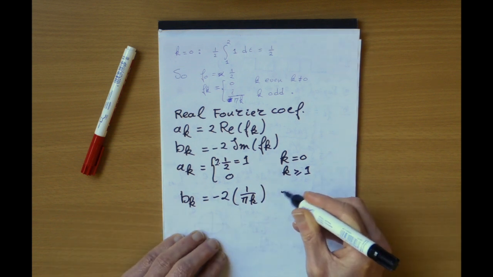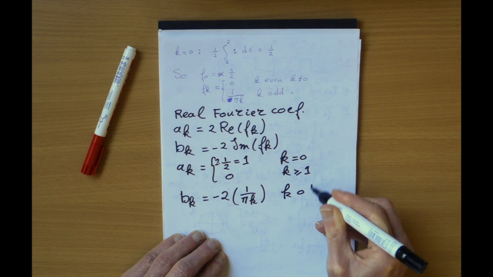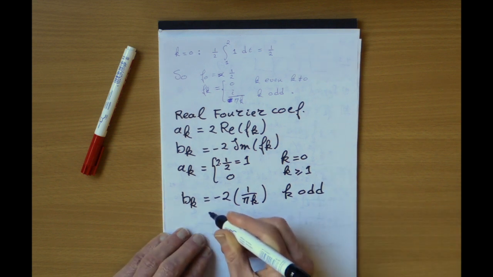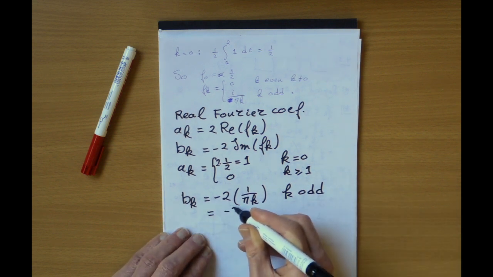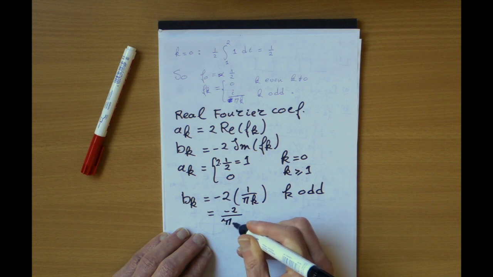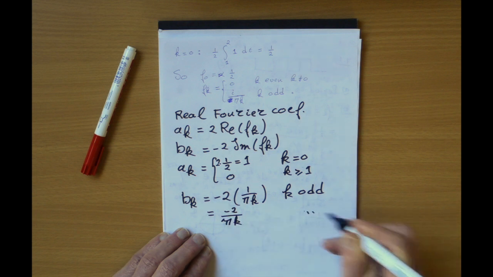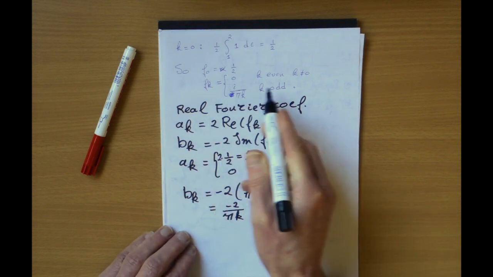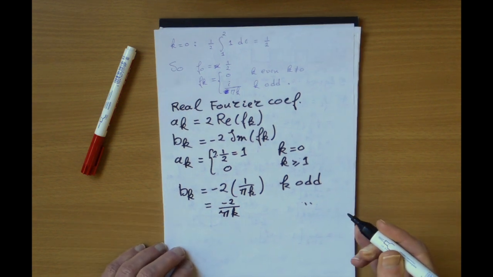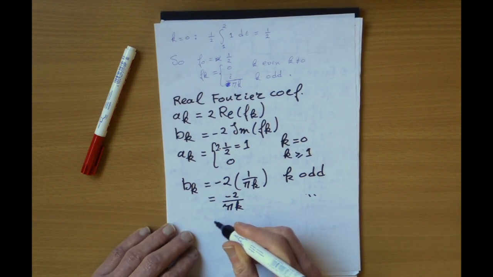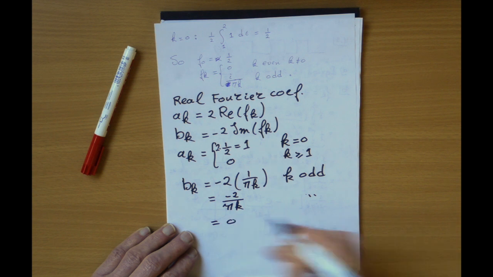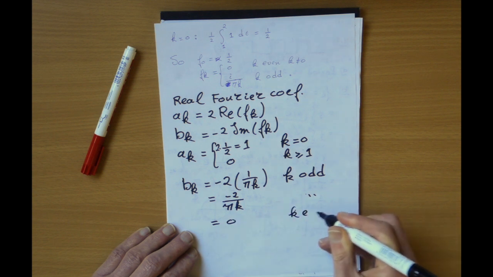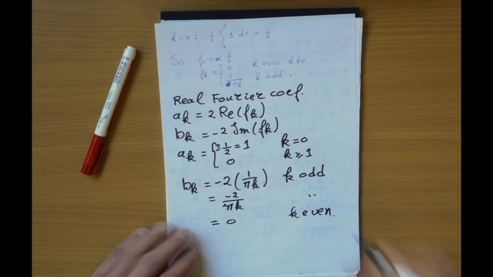Pay attention, k odd. So this is the answer: minus 2 divided by pi k, k odd. And for k even, the imaginary part is 0. Done.